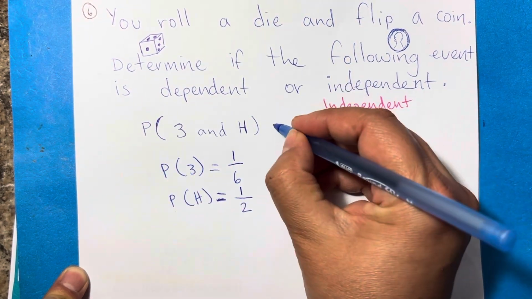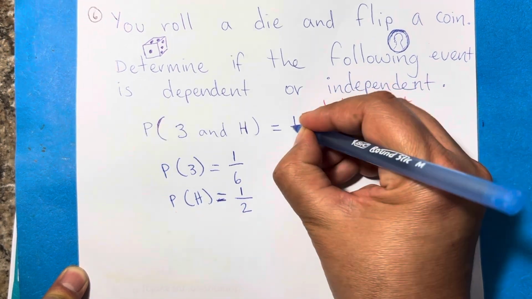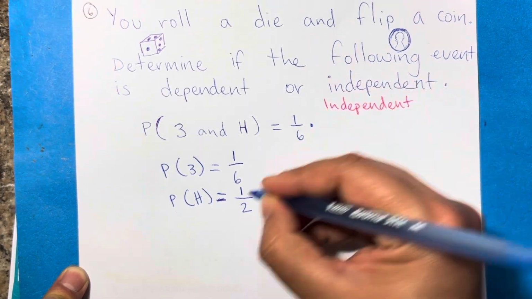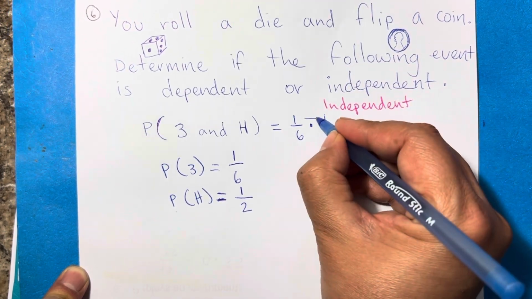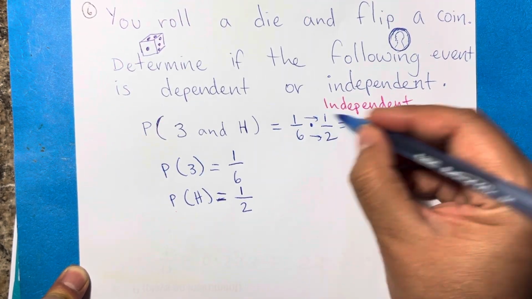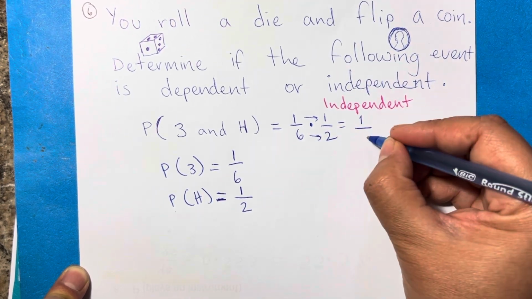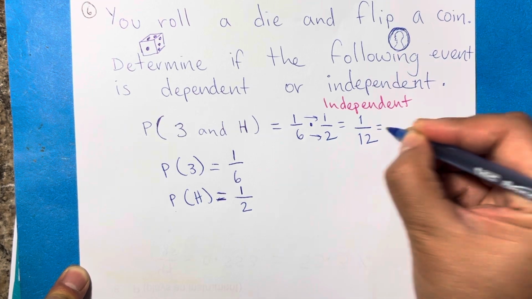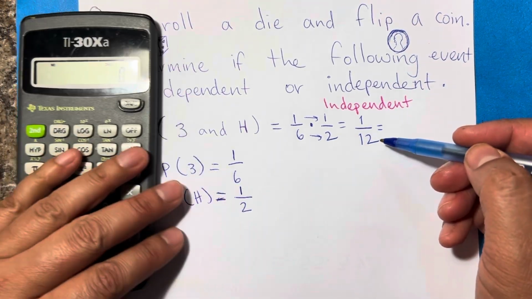Well, for the probability of both, all you have to do is multiply. So 1/6 times 1/2. We multiply straight because we cannot simplify. So 1 times 1 is 1. 6 times 2 is 12. To get it into decimal, all you have to do is divide.